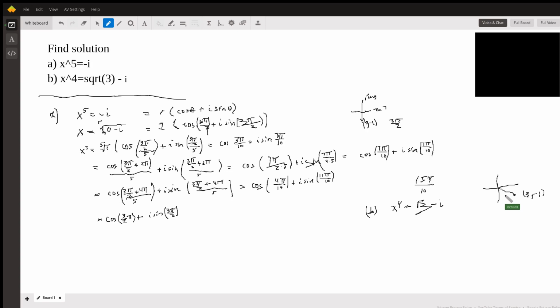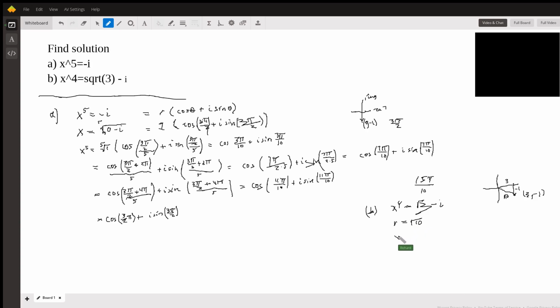So r is going to be the root 10. It's coming from the Pythagorean theorem. 3, negative 1 here, so 9 and 1 is 10. So r is the square root of 10 here.